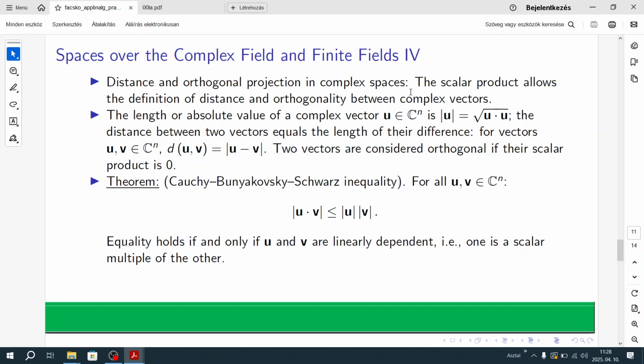And how you calculate it in this proper way: you multiply u minus v by itself and calculate the square root. It's the same as with real numbers, just the scalar product is more difficult and the complex numbers are more difficult. And this is also a sign to stop.